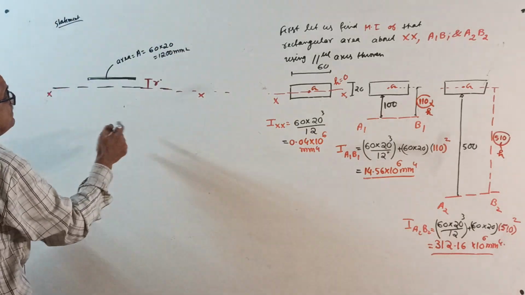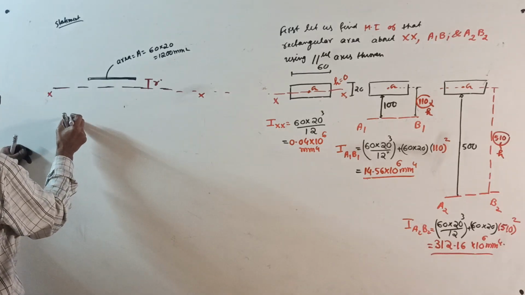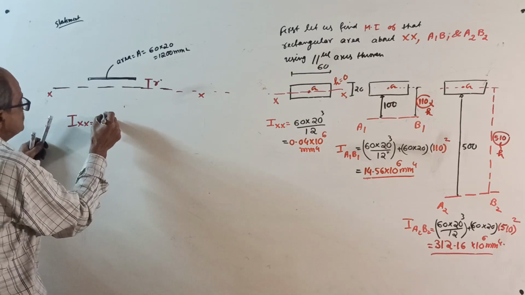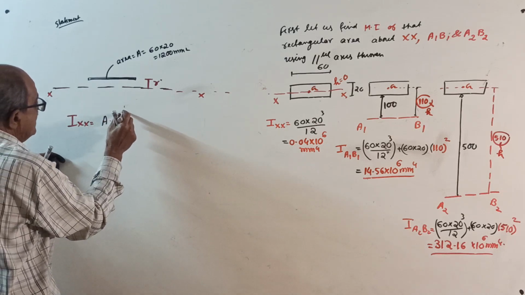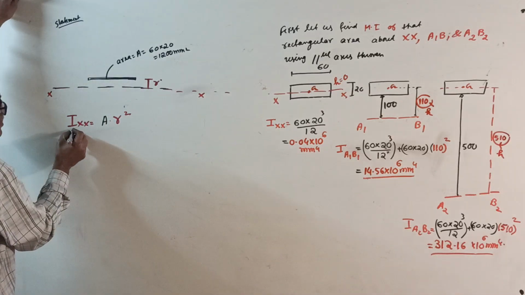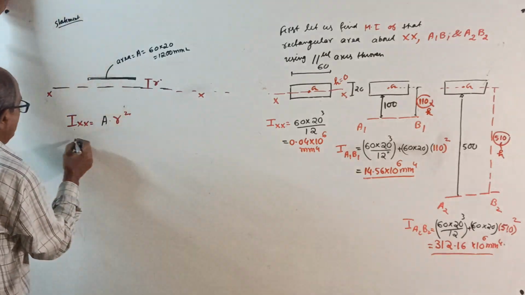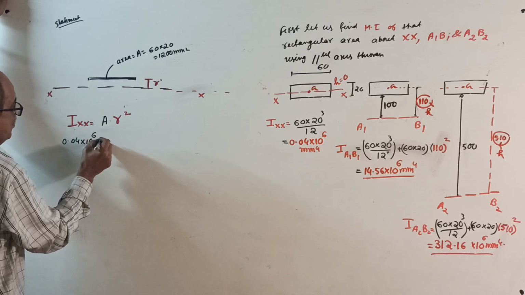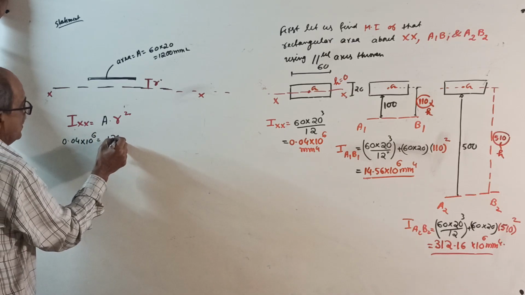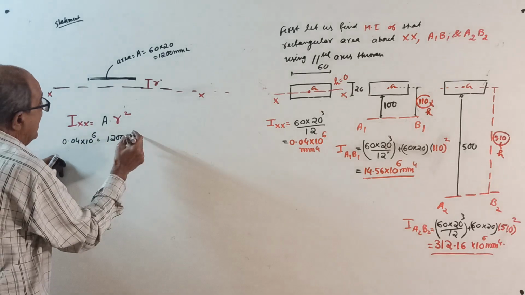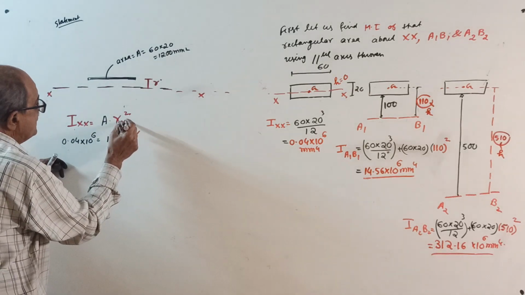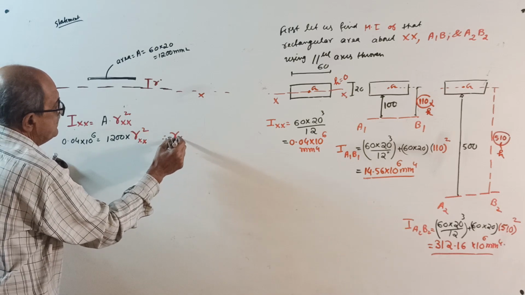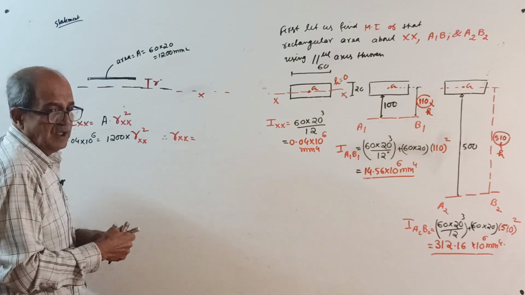Now, as per definition, I about x-axis equals A into r square, and it should give the same moment of inertia as you got. Therefore, 0.04 into 10 to the power 6 equals area 1200 into r square. R about which one? R about xx. R about xx square.